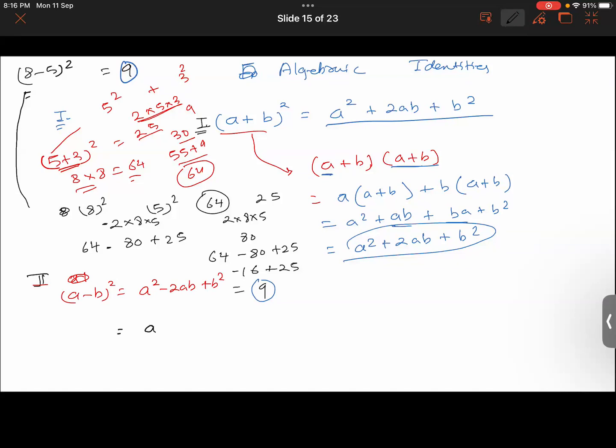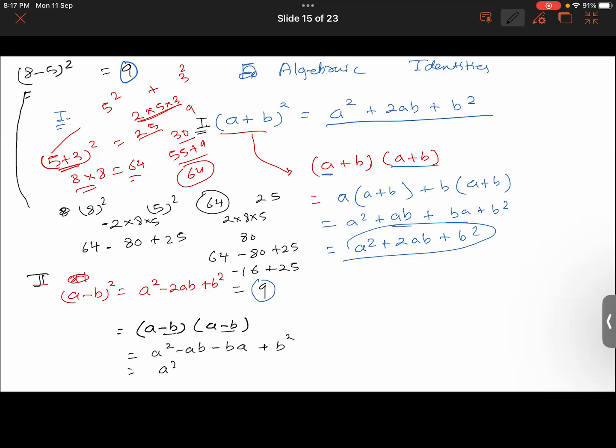If you like, I can explain that one as well. You can write it like this: (a minus b) multiplied by (a minus b). Then it will be a square minus ab, then minus b multiplied with a, so it will be minus ba. Then minus b multiplied by minus b, it will be plus b square.